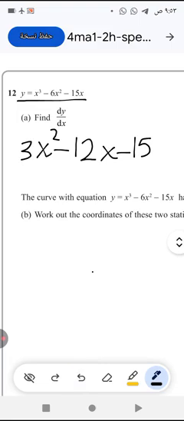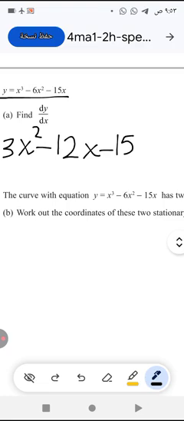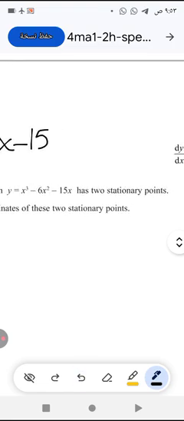Now let's go to this part. The curve with equation y equals x cubed minus 6x squared minus 15x has two stationary points.